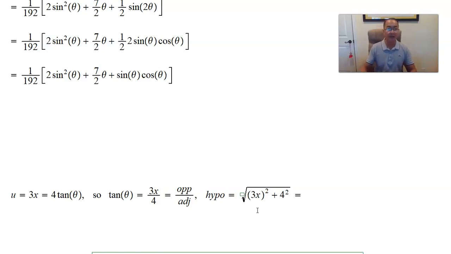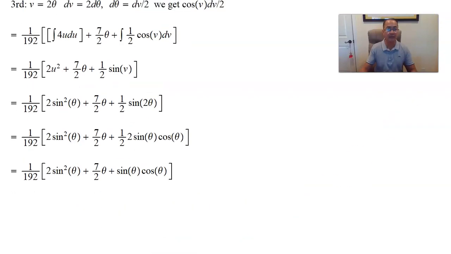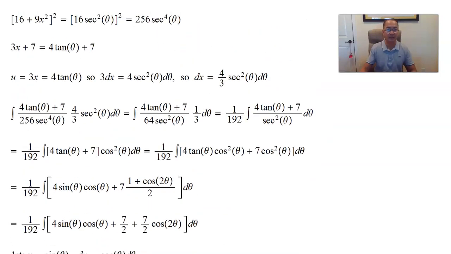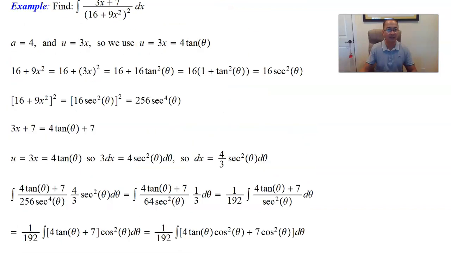Oh, check it out. What is that? 9x squared plus 16. Sounds familiar? Did we see 9x squared plus 16 before? Oh, there it is. It is part of the original integral.